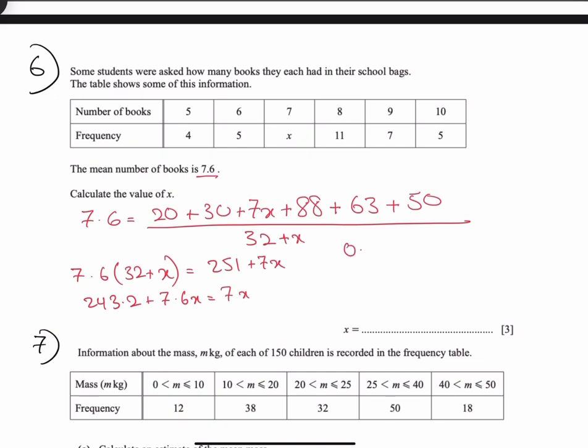That's going to give you 0.6x equals 251, before I forget, 251 minus 243.2, and that is 7.8. Okay, so x is equal to 7.8 divided by 0.6, and that is 13.